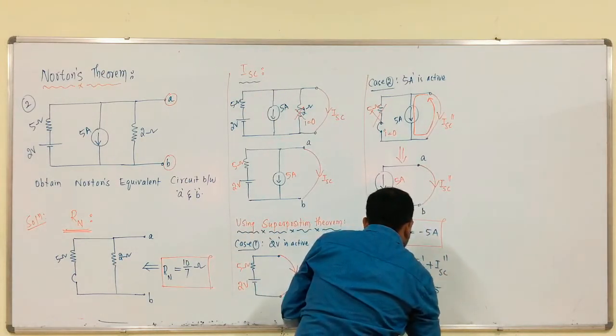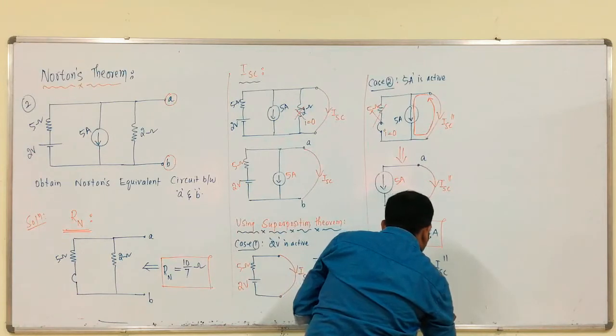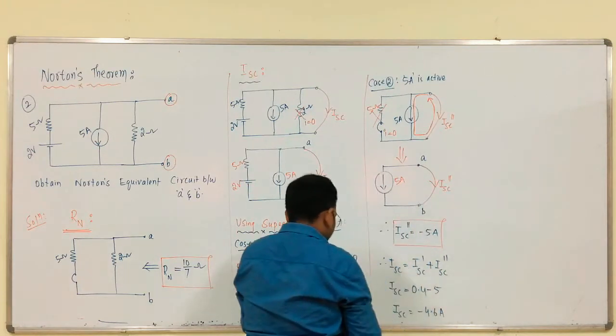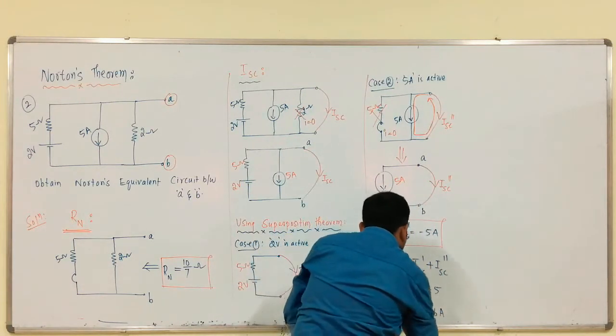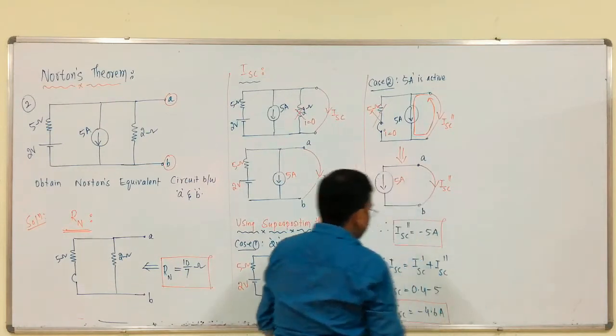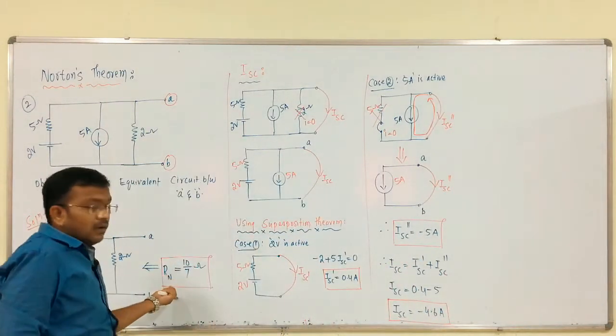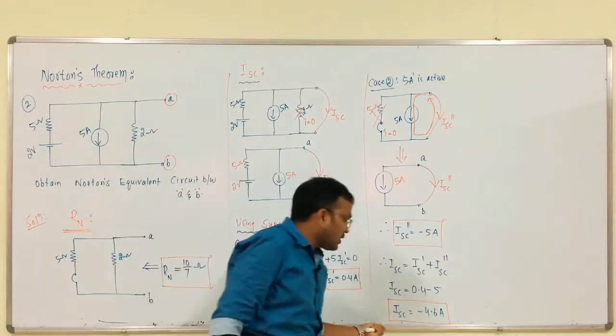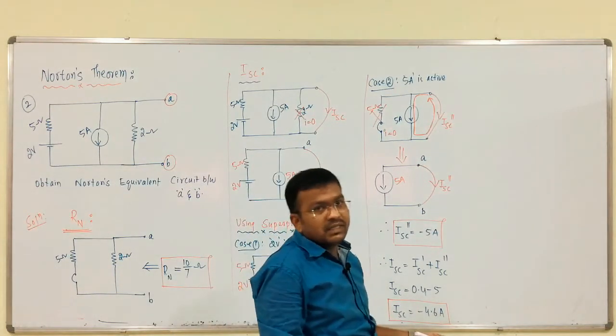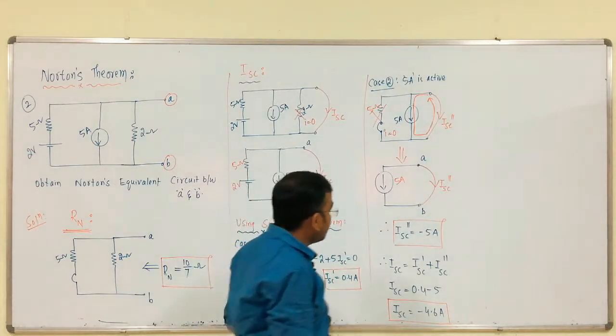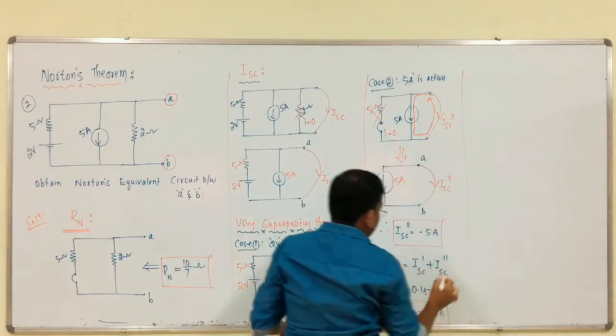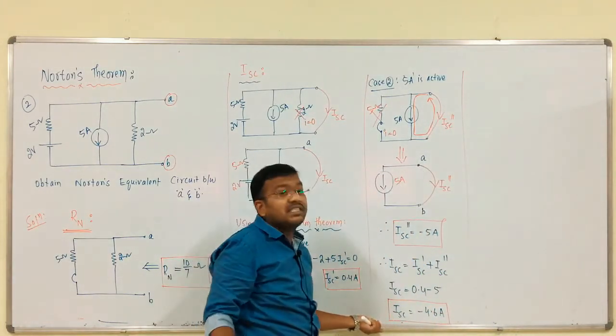Therefore, ISC equals minus 4.6 amps. Now we have Norton's resistance and the short circuit current, so we get the Norton's equivalent circuit, that is ISC in parallel with Rn, but here the value of ISC is negative.